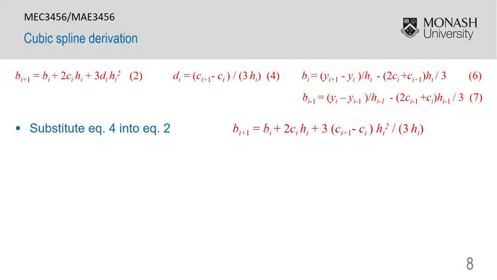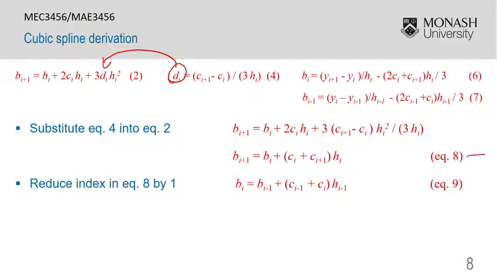Substitute equation 4 into equation 2. That gives us this expression involving b_{i+1} and b_i. And if we just group the terms nicely here, we get equation 8. So b_{i+1} equals b_i plus c_{i+1} times h_i.